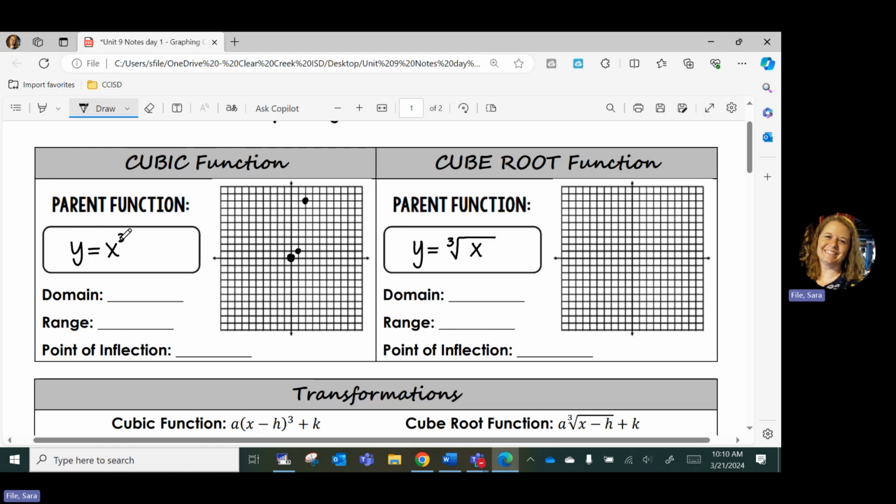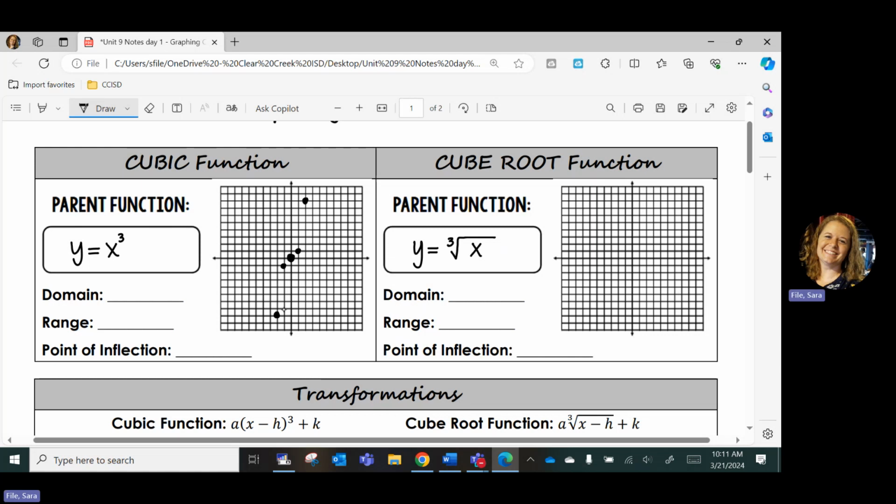If your input is negative, your output will be negative, if it's an odd power. So just think about what the number cubed is and then keep the sign that's there. So -1 cubed will still be -1. So there's -1, -1. And then if 2 cubed is 8, what's -2 cubed? -8. So we'll have a point at -2, -8.